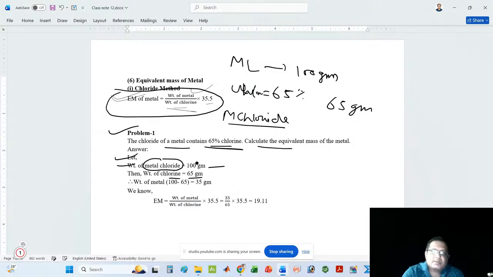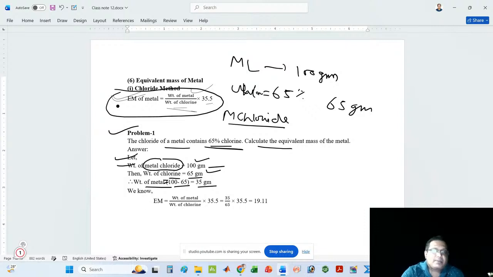Then I can calculate the rest. That means weight of metal is equal to 100 minus 65, which is equal to 35 gram.